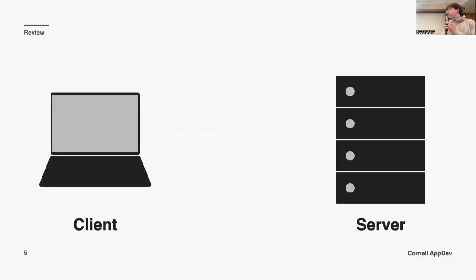So, jumping into a little bit of review real quick. I know we've gone over this a lot, but we want to emphasize it. The client-server model: the client, which is you guys, the phone, laptop, or computer, and the server is the large computer that runs the backend code and handles the data, and it takes in requests from the clients.